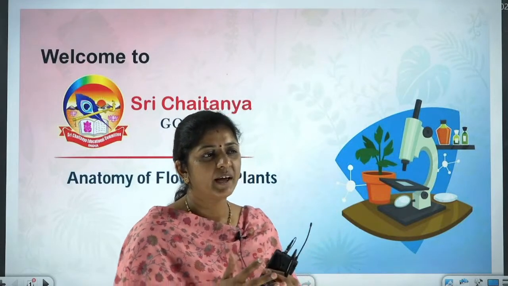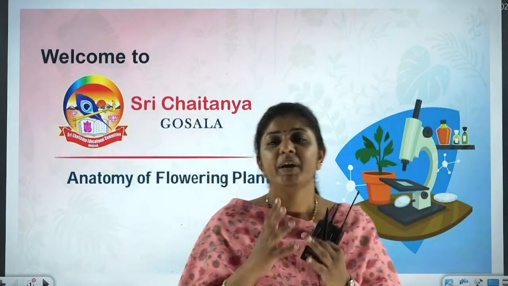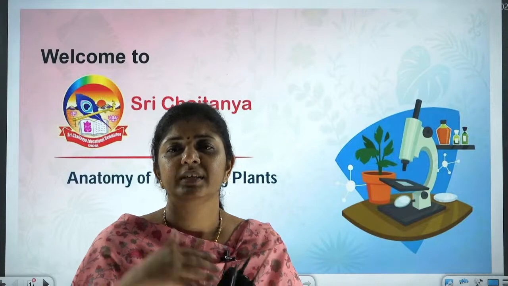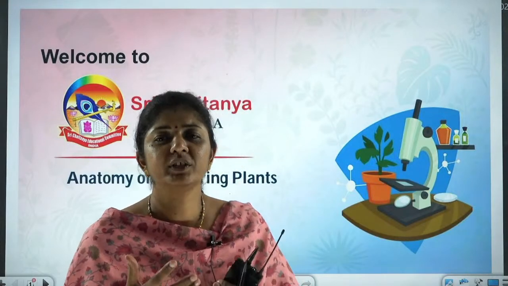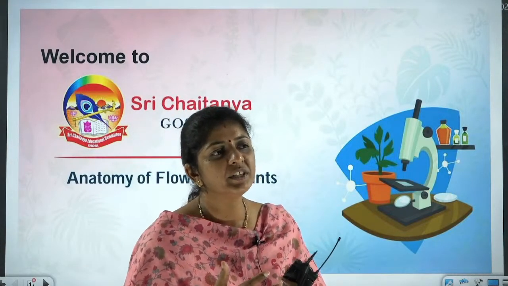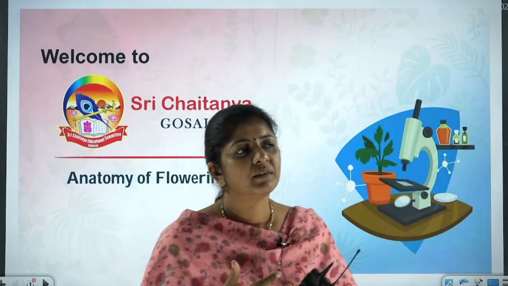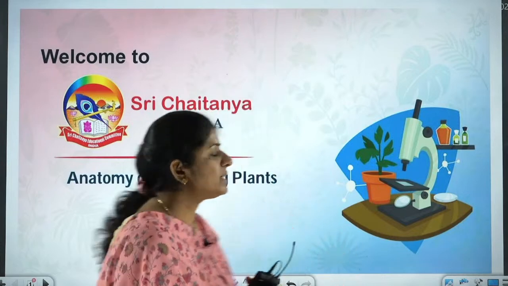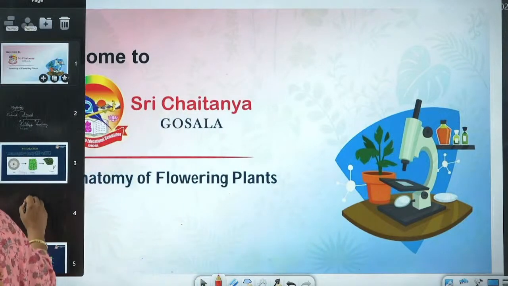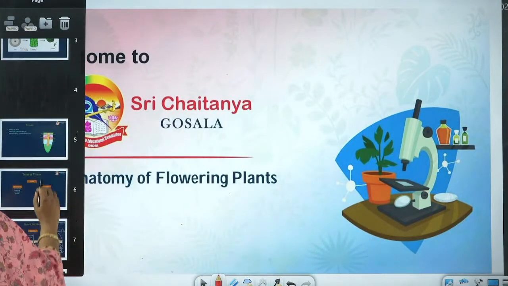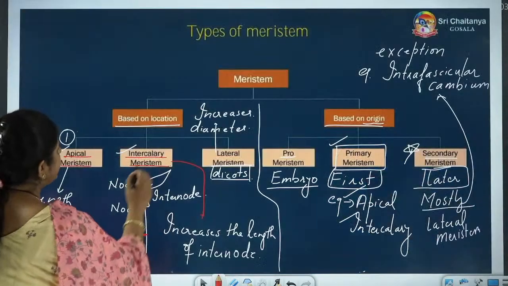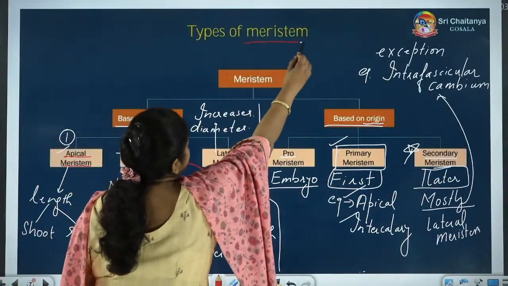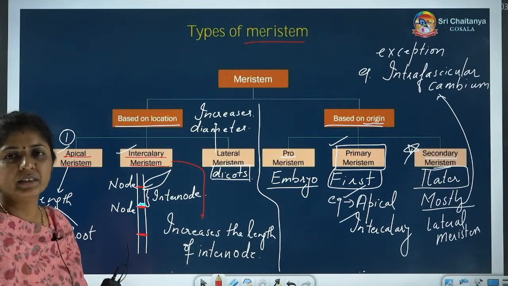Very nice, right? And we discussed based on division, the cells which keep on dividing, what type of cells are these? The dividing cells you call which cells? Meristematic cells. Are you getting that?